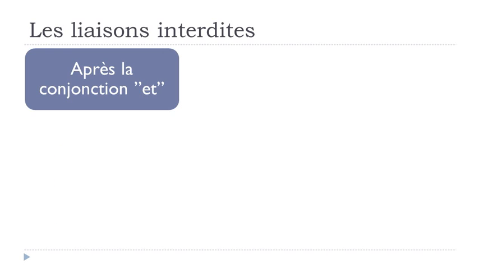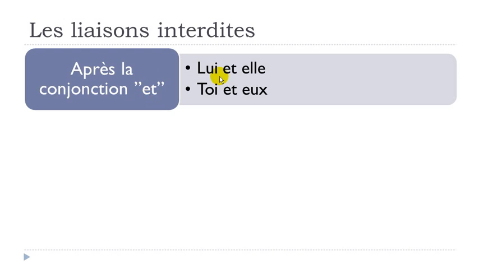The first one is actually maybe the most important one, because normally students tend to make this mistake quite often at the beginning, which is totally normal. If you think about it, we've got this conjonction et, which means and in English. Students tend to think that when you've got lui et elle, well, why not put this little liaison between the two?